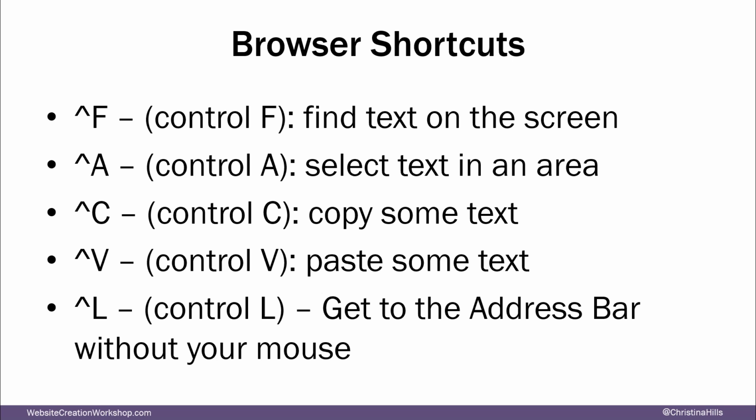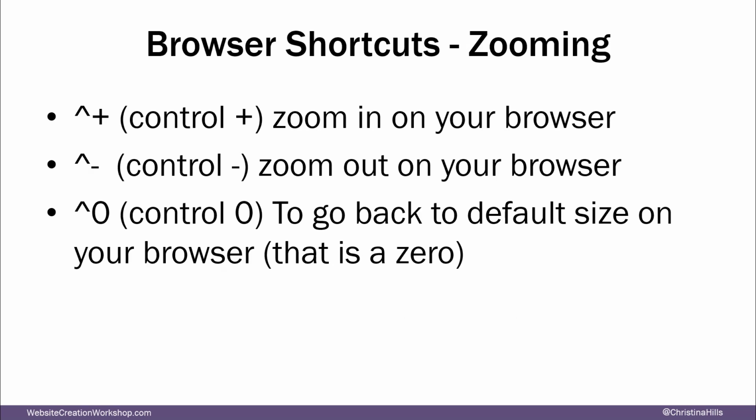I use this all the time. Control A is to select text, and then Control C and Control V, you probably already know that one already, to copy and paste, and then Control L gets you to the address bar at the top without having to move your mouse. Control plus is to zoom in and to zoom out, and Control 0 is to get back to normal.